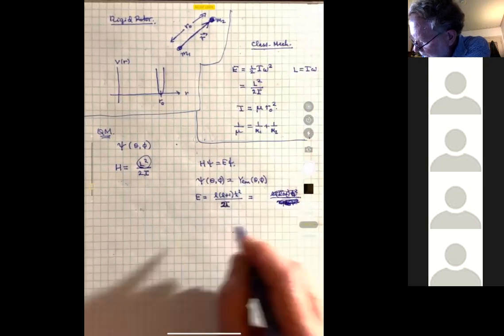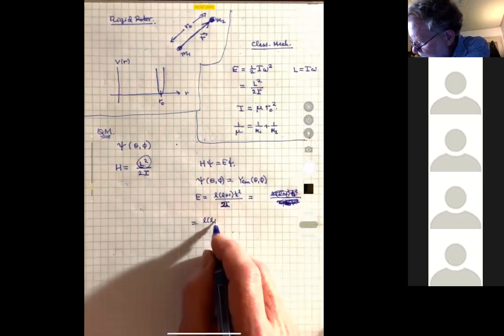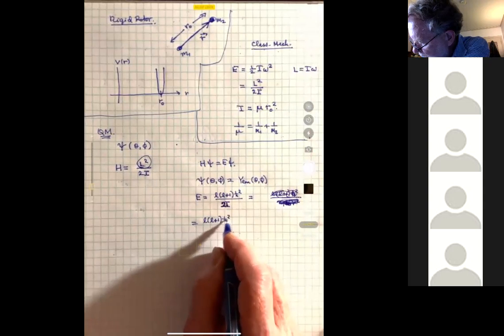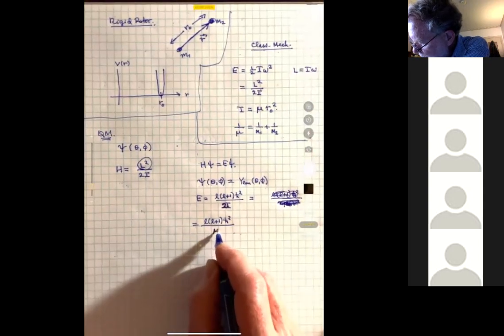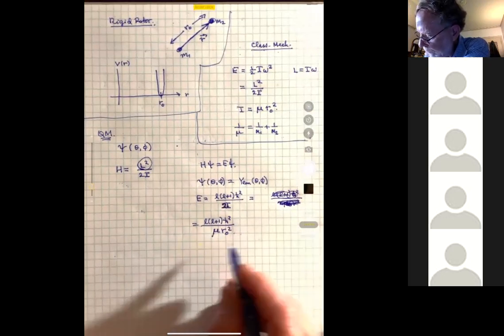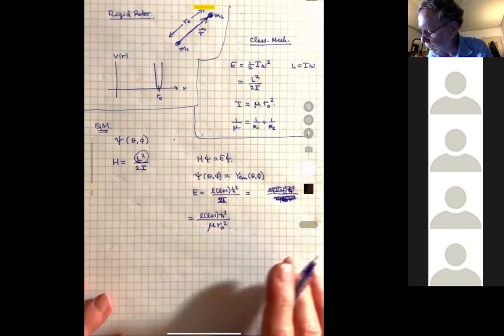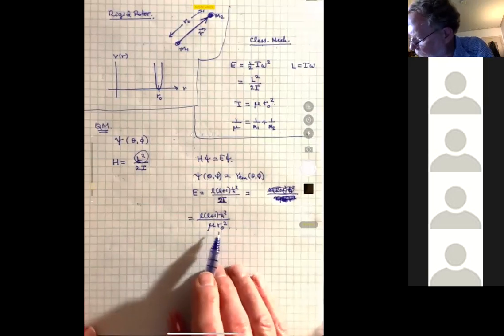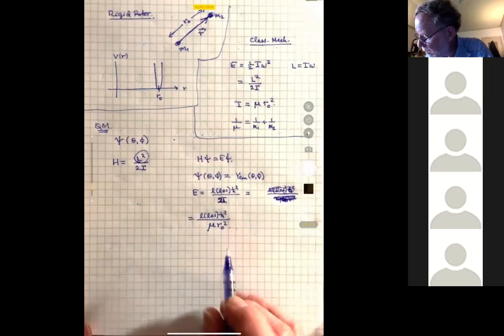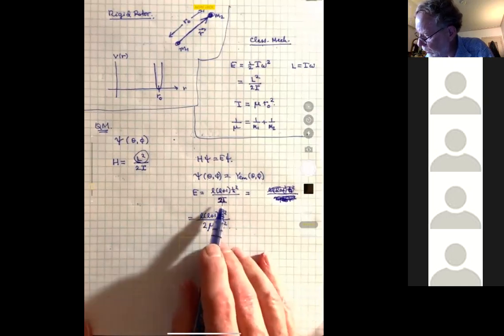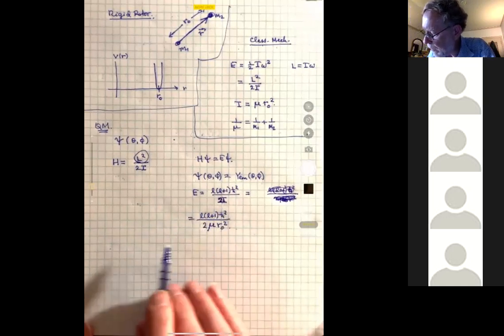Let me do it right: there's no naught on the mu, I'm thinking E and M SI units for some weird reason. Anyway, it's mu times r0 squared, and it should be times 2. That's the moment of inertia times 2 in the denominator there.